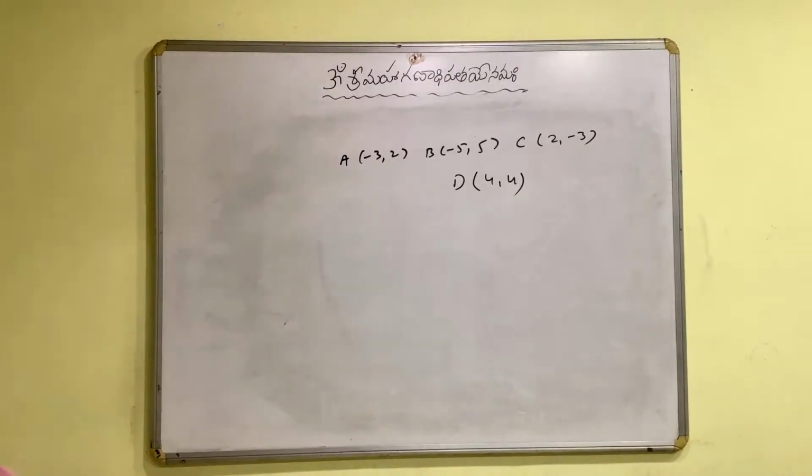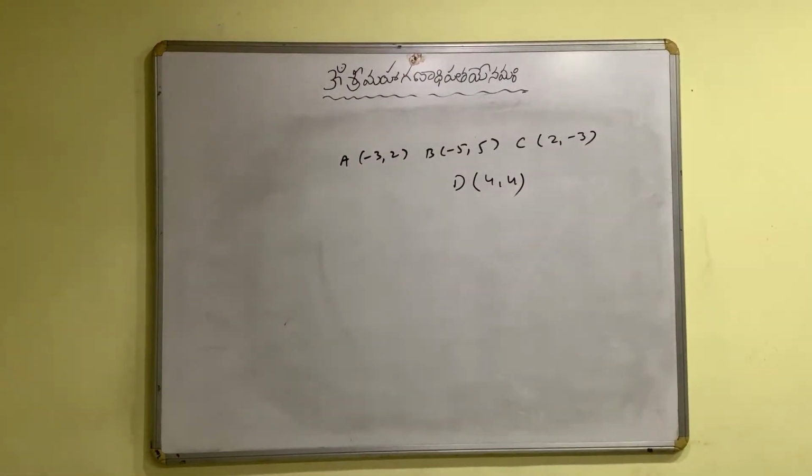Do it fast. They are the vertices of a rhombus. Find its area. So what to do for that? How can we find out the area of a rhombus?